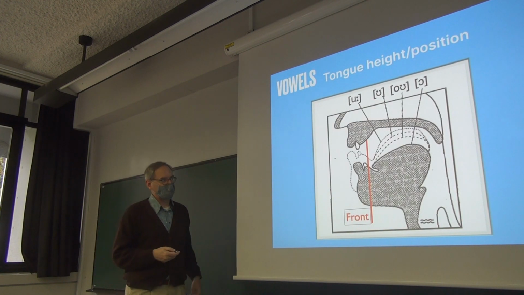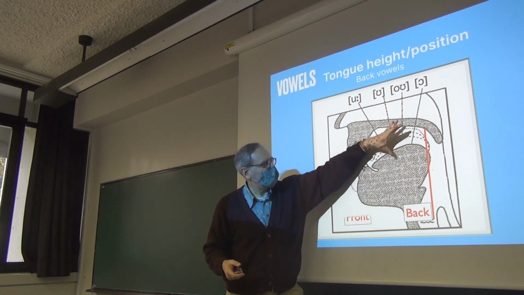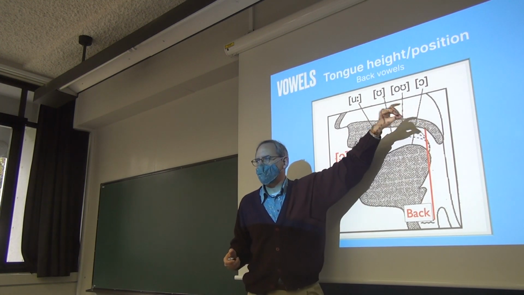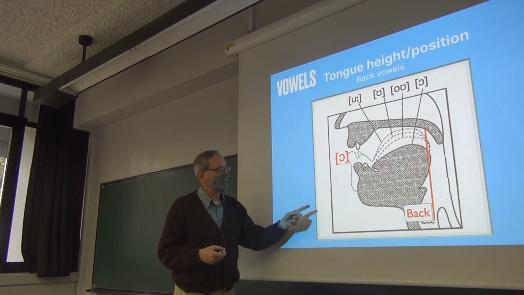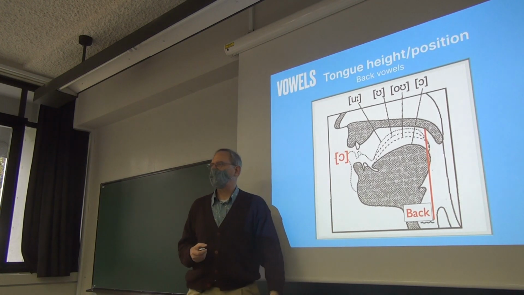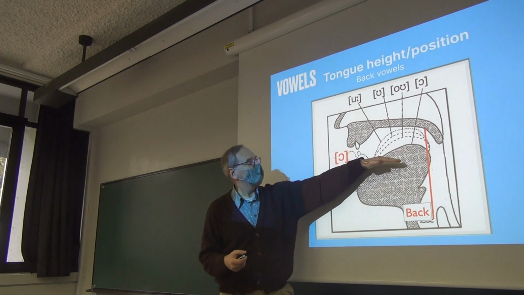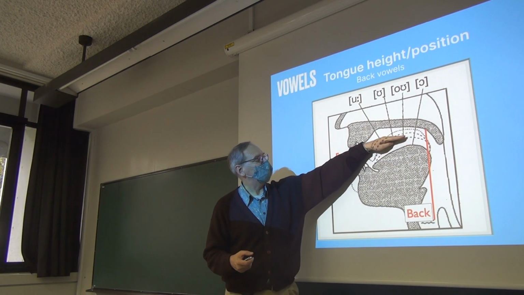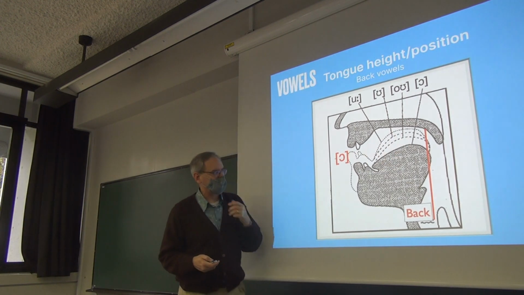Whereas if we were to create back vowels, then the tongue gets pulled back, and this space is much narrower, which changes the kind of sound that is created. So this tongue position would be for the vowel ah, where the tongue is mid and pulled towards the back. And then if I raise it for o and oo, still you can see it's pulled back a bit.